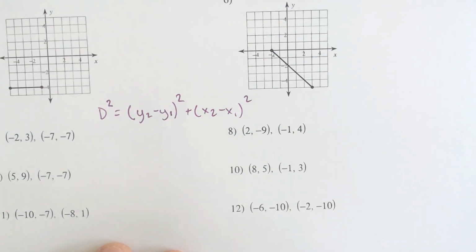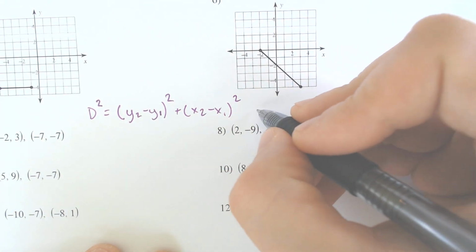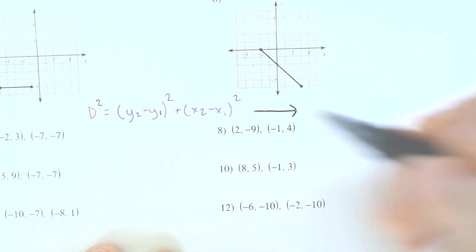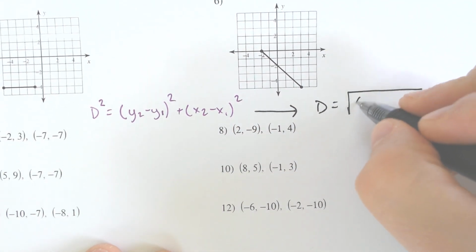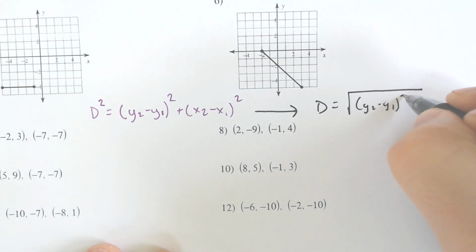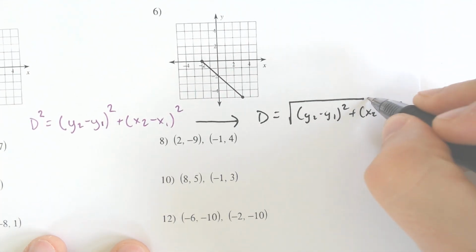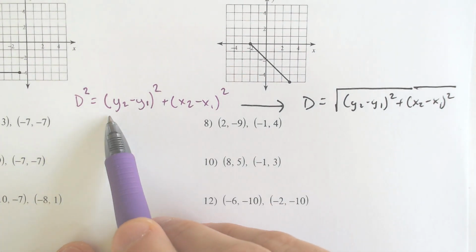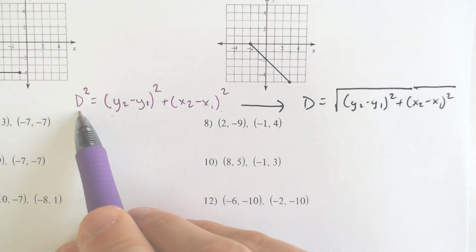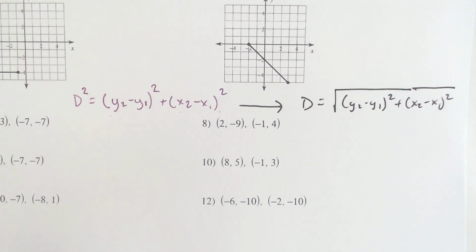And you may think, well, wait a minute, that's not the distance formula that I remember or know. If you square root to get that, you get your distance as the square root of the y2 minus y1 squared and the x2 minus x1 squared. So it is the same formula, but I like this one because it shows a squared plus b squared is equal to distance or c squared. All right, so it's the exact same formula.